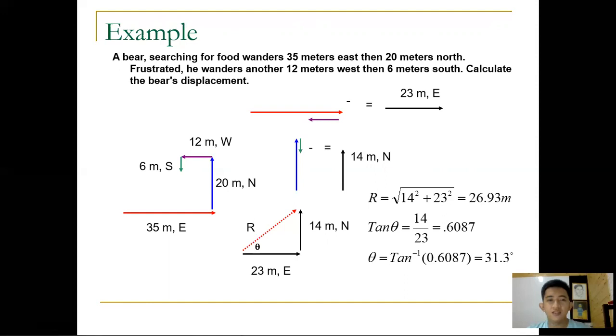To identify the angle, we need to use tangent theta is equal to 14 divided by 23, which is equal to 0.6087. So to identify the angle, we use tangent -1 of 0.6087, which is equal to 31.3 degrees. So the final answer will be 26.93 meters, 31.3 degrees north of east.